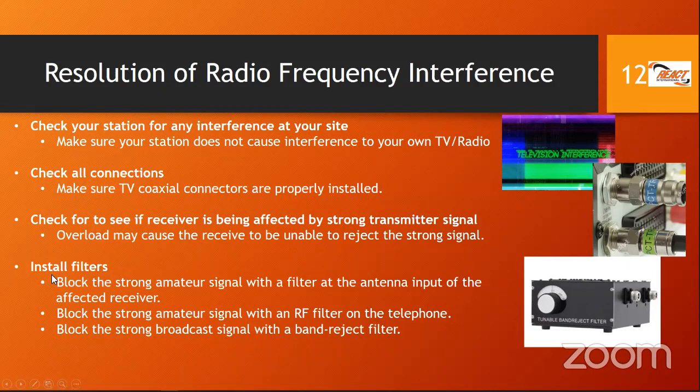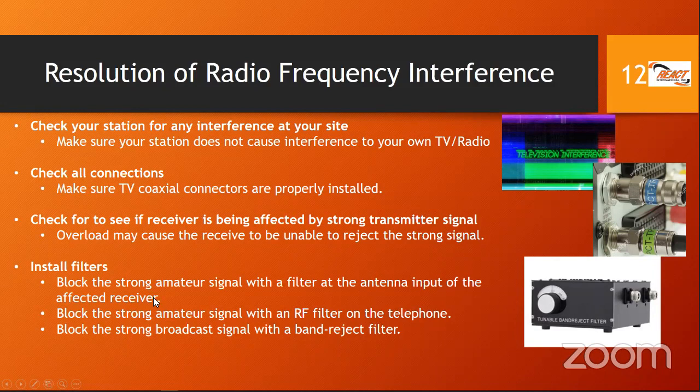One technique that you can use to mitigate or reduce interference is the installation of what are known as filters. You can block strong amateur signals with a filter at the antenna input of the affected receiver.